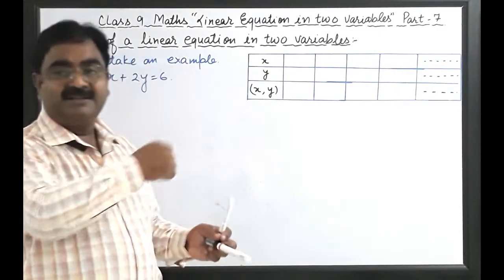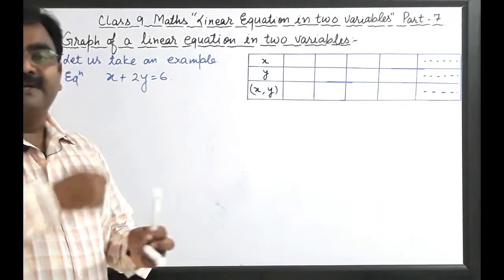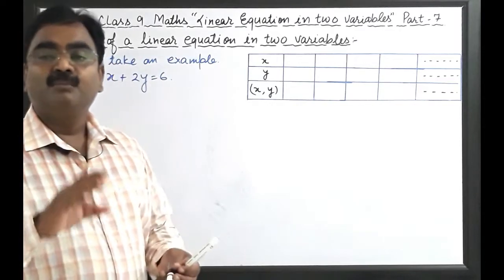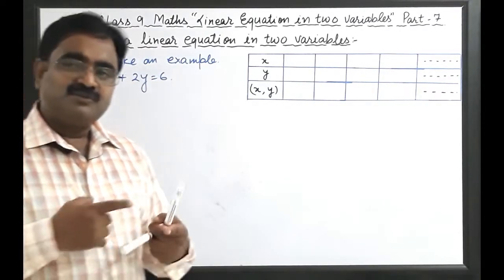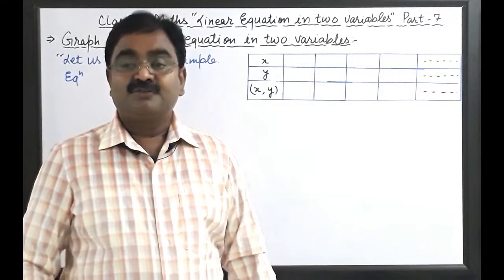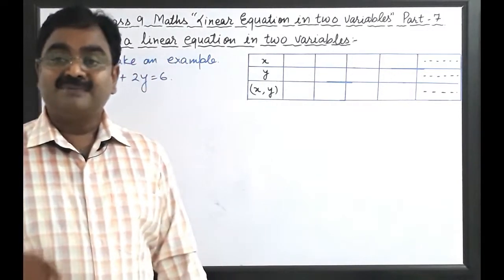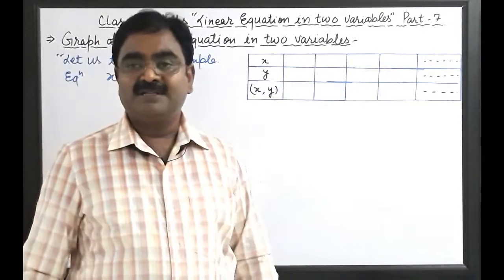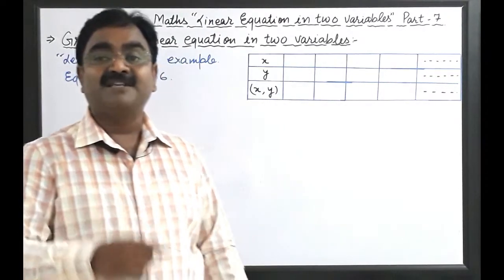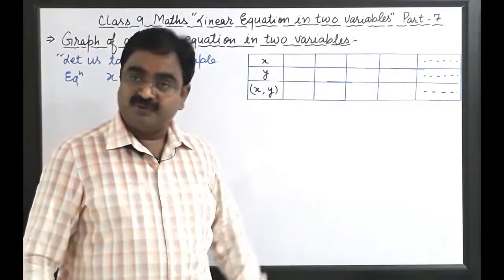But if you want to cross check it, if you want to verify it, you can take more than two solutions of the equation. Join the two points. So let us see if the line which passes through two given points also passes through the other solution of your equation.